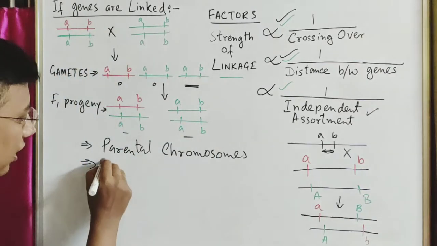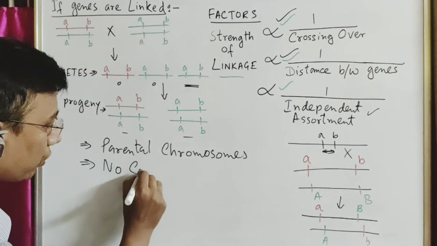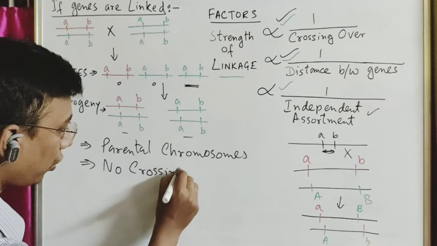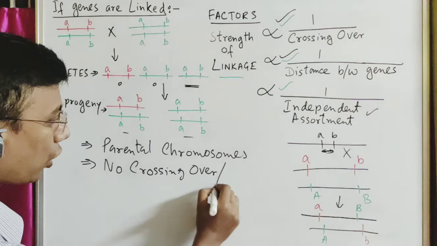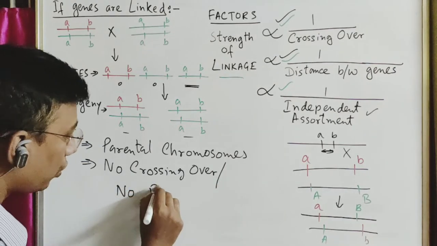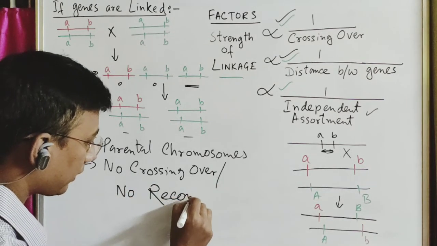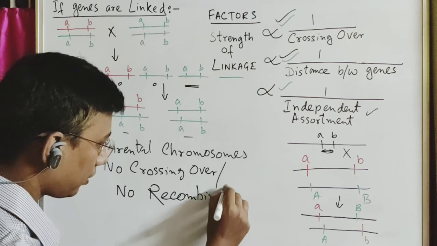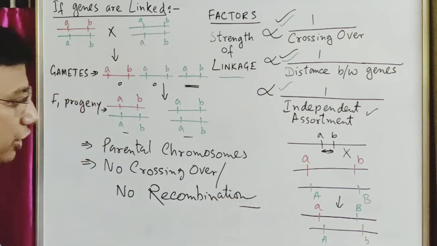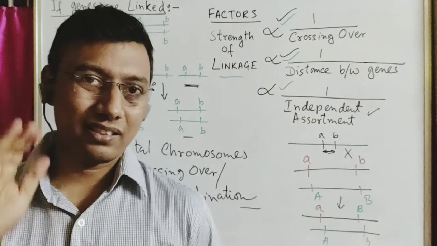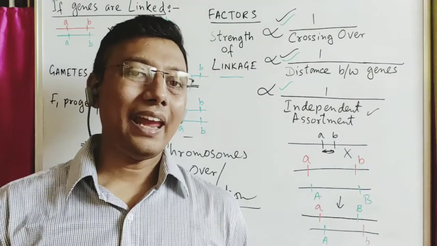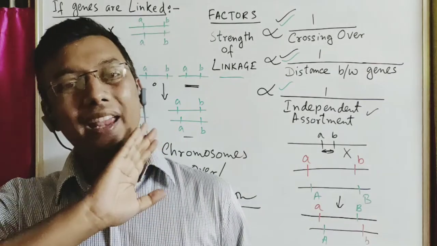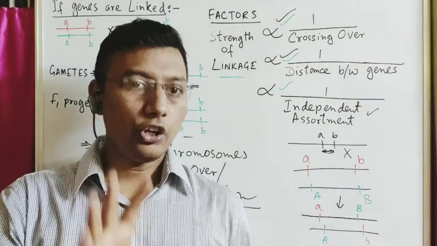So we will write that no crossing over or no recombination. In this case, if genes are linked, we will not see any crossing over or any recombination.